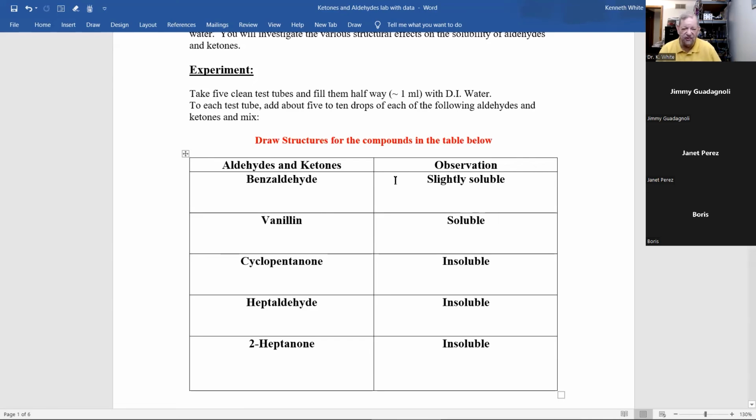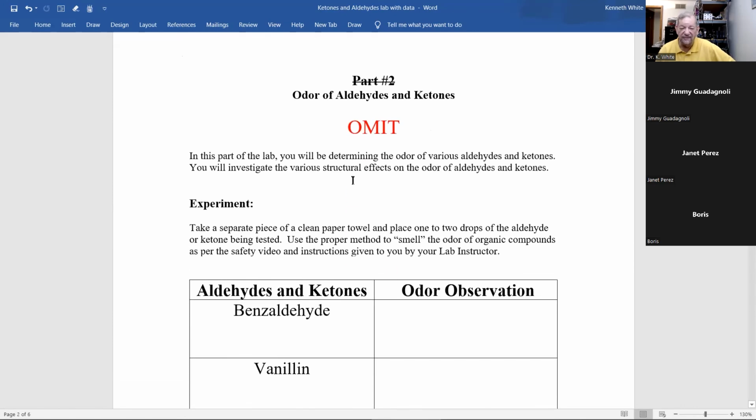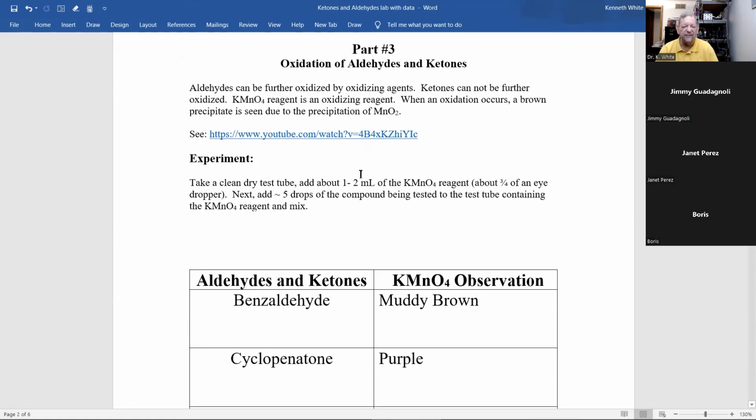Notice for this table, I asked you to draw underneath the structures for benzaldehyde, vanillin, and so on. That's the first part. The second part I had with odor, but let's just omit it. Now, the third part deals with oxidizing aldehydes and ketones. Let me first show you the reaction, and then we can see a video.